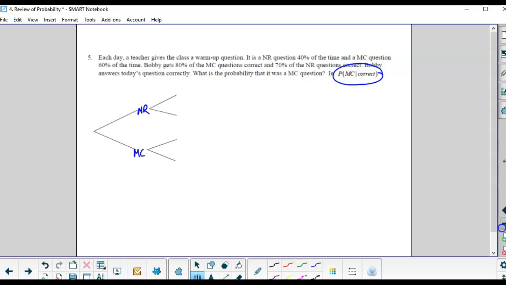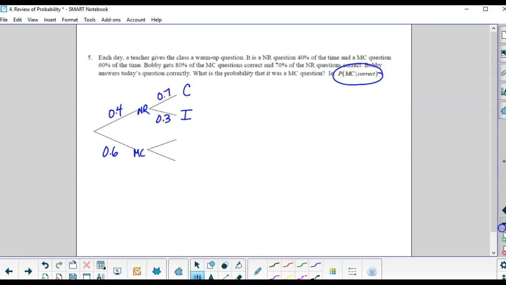So numeric response, 40%. I'm going to use the decimal form of the percent. And then that has to be 60%. Then if it's a numeric response, he gets 70% of them correct, 0.7. So he will get 30% incorrect.